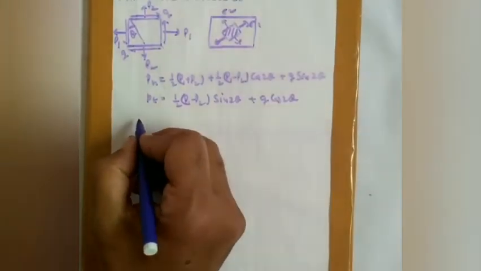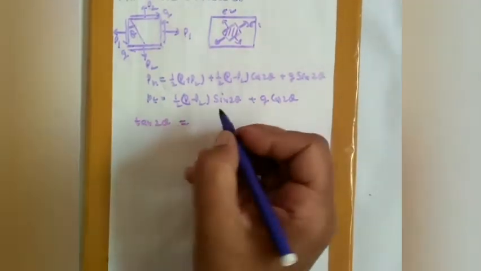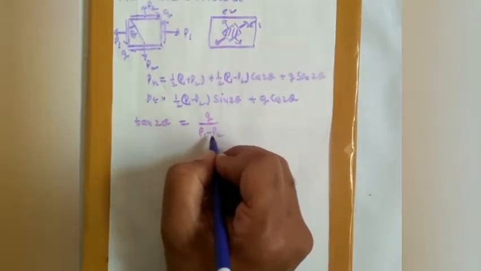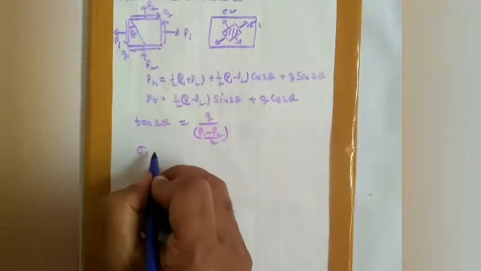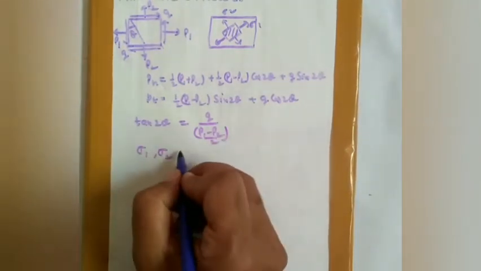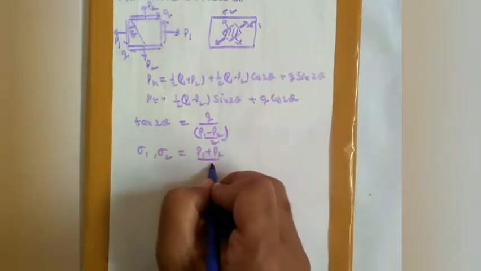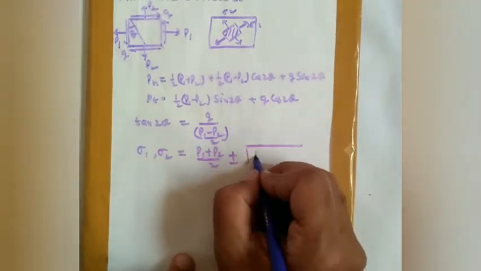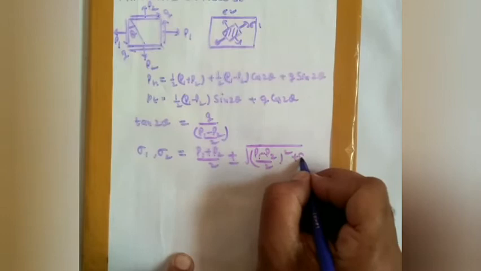So far we have found tan 2 theta is equal to q by (P1 minus P2) by 2. Sigma 1 and sigma 2 are equal to (P1 plus P2) by 2 plus minus root of ((P1 minus P2) by 2) whole square plus q square.